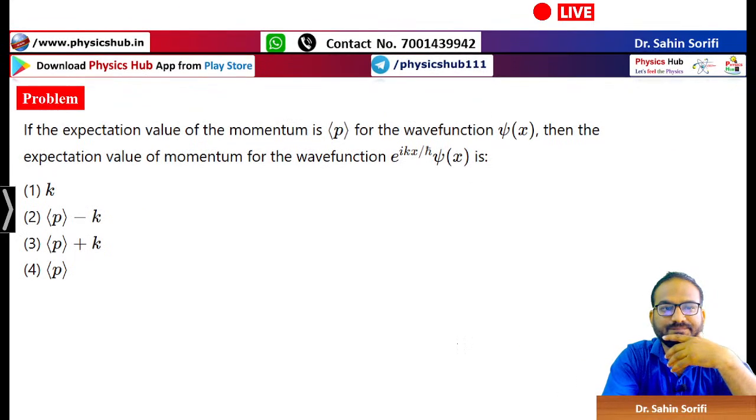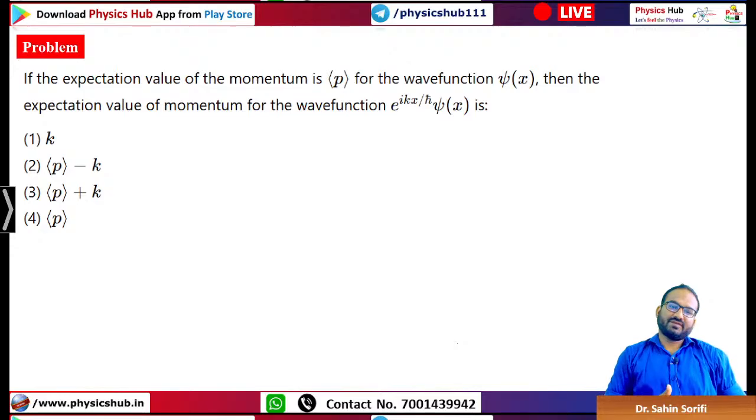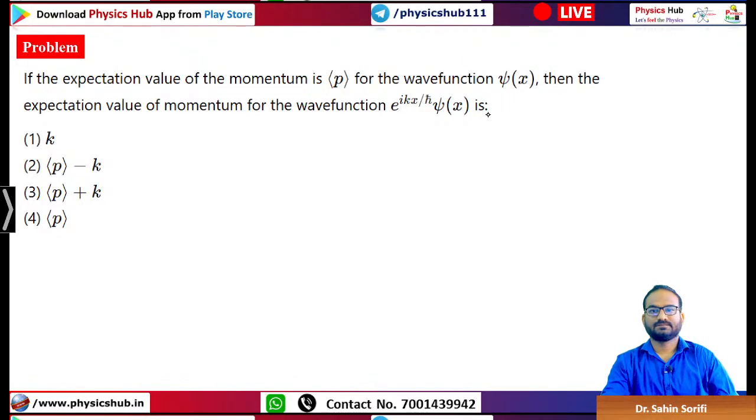Let's move on to the next question. If the expectation value of the momentum is p for the wave function psi of x, then what is the expectation value of momentum for the wave function e to the power i k x by h cut times psi of x? Understood the question? The question says the expectation value of the momentum is p for the wave function psi of x, meaning ⟨psi(x)|p|psi(x)⟩ is p.